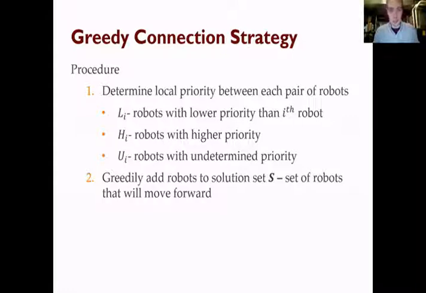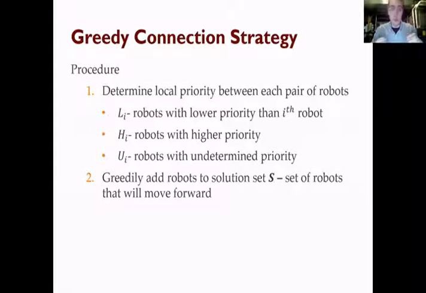And the greedy connection strategy functions by first determining the local priorities between each pair of robots. So it iterates between each pair of robots and determines how these robots interact, and if there's a collision that occurs, which robot should be given a local priority between the two. So from this determination, we form 3 sets for each robot.